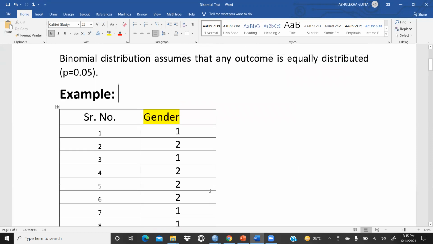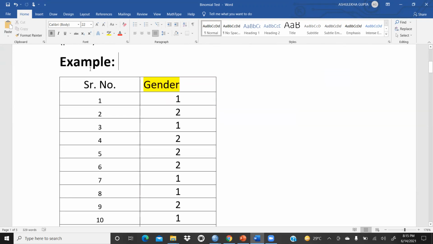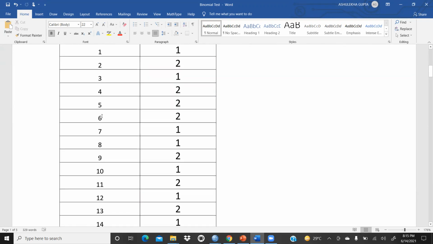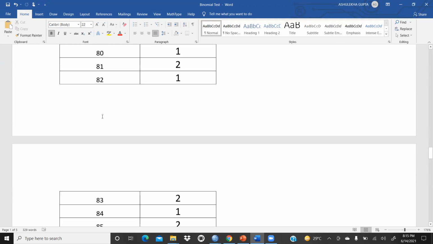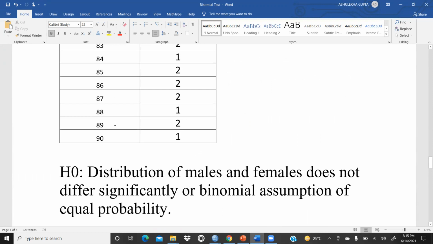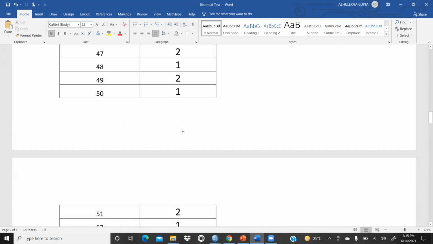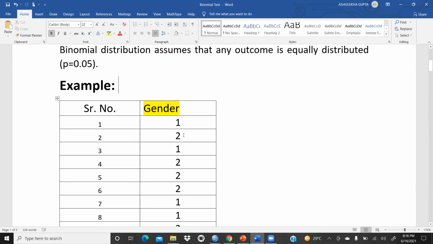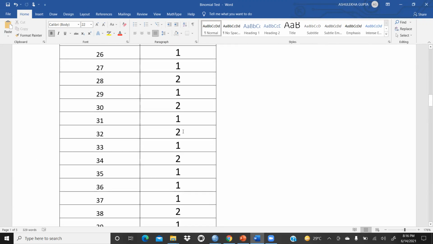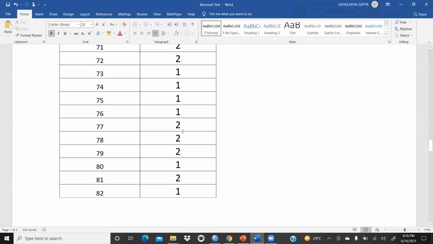Here I have taken one example, serial number and gender, right? I have taken a total of 90 samples, 90 observations. You can see here 1 and 2. 1 stands for male and 2 stands for female, these are the respondents' gender.